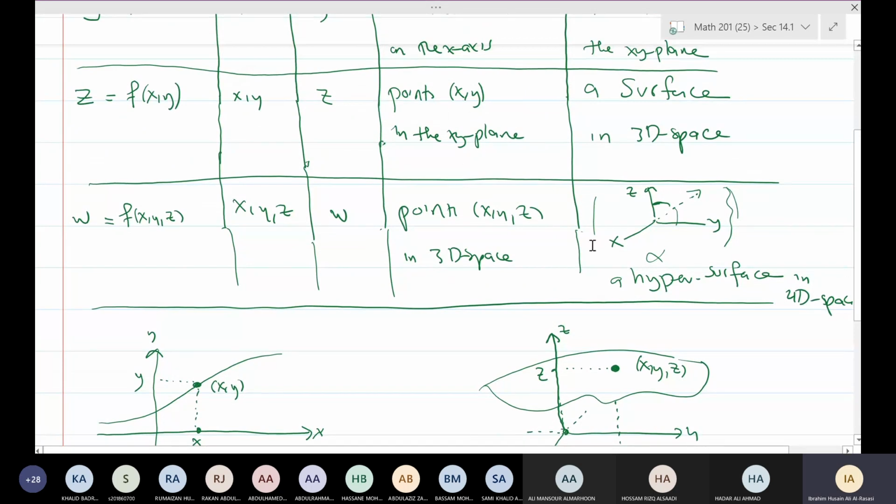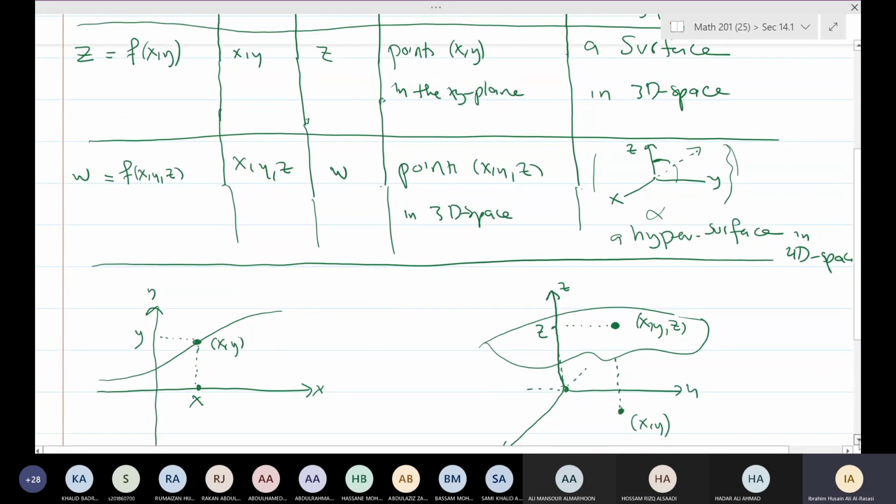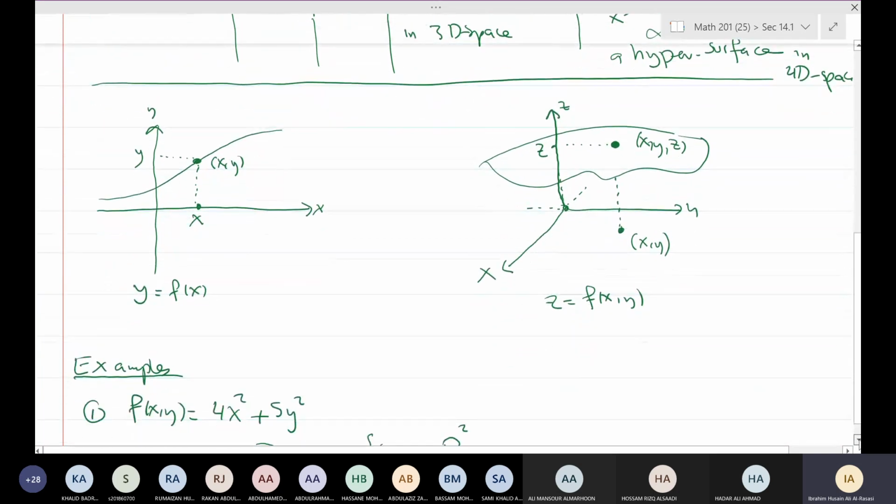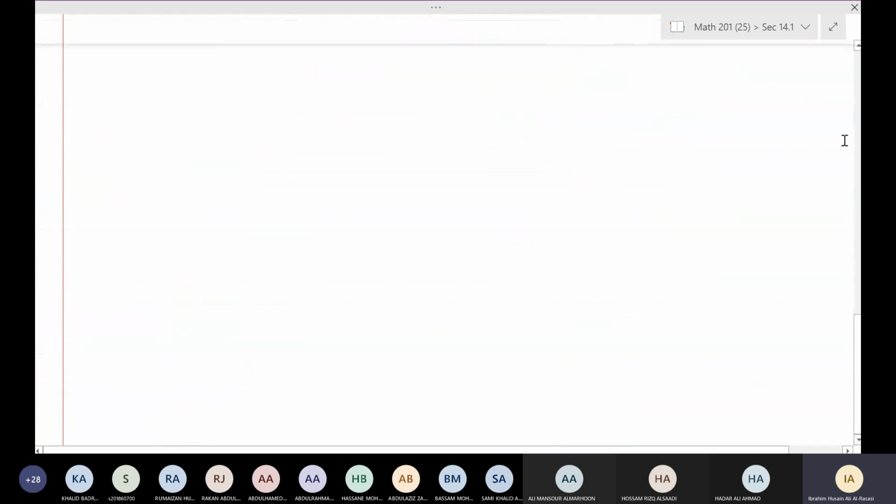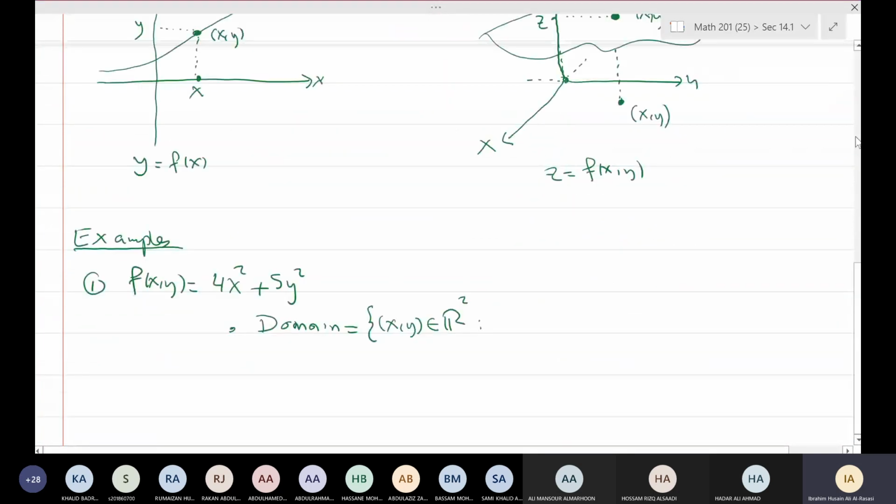Now, what are the possible values of x and y? What can you substitute for x and for y? All real numbers. x can be any real number from minus infinity to infinity, and y is also any real number from minus infinity to infinity.